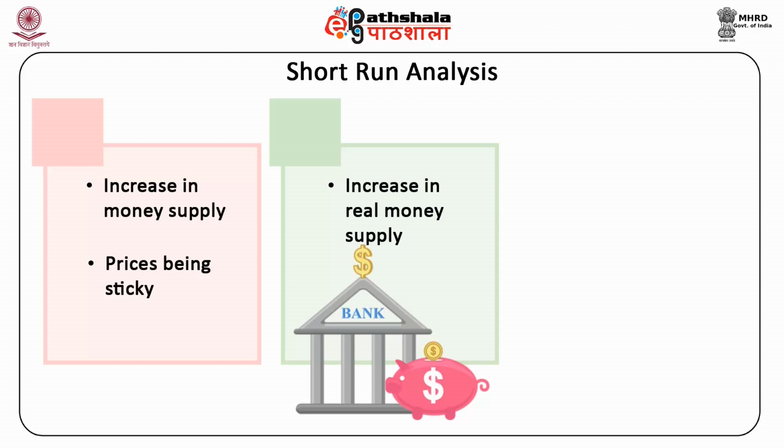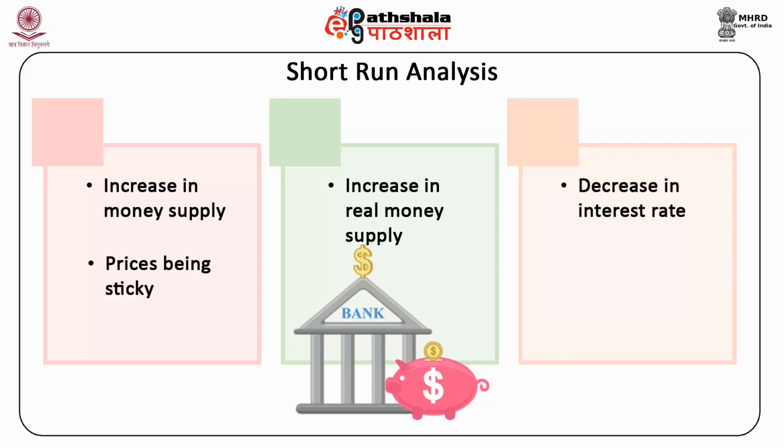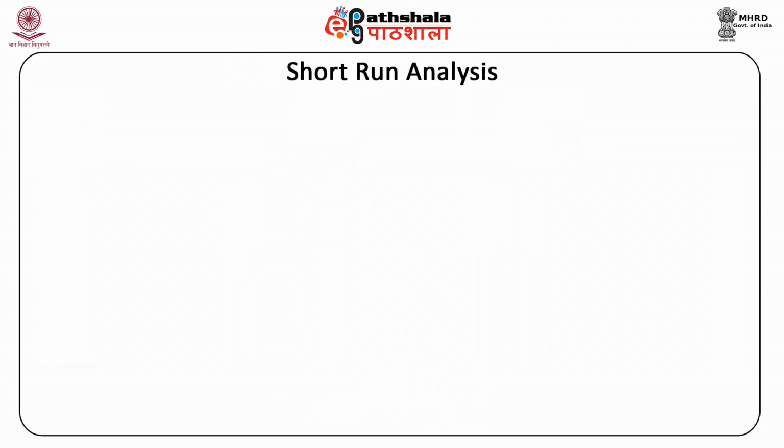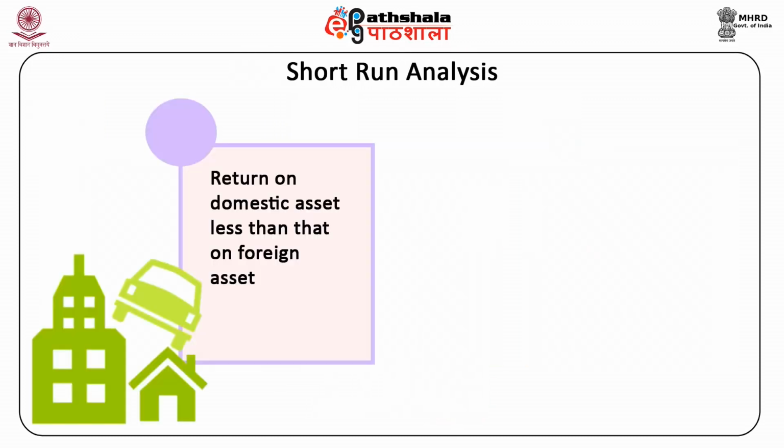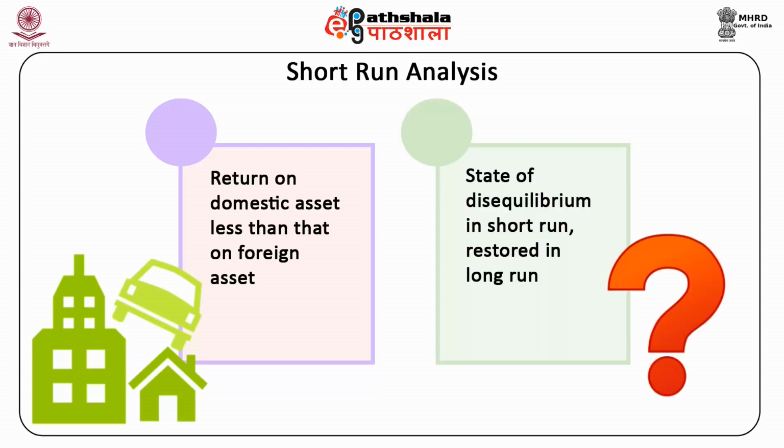This would cause a decrease in the rate of interest to restore the equilibrium in the money market in the short run, and as a result, the domestic rate of interest will fall below the world rate of interest. Consequently, the return on domestic assets will become less than that on foreign assets. In the market for assets, this will be a state of disequilibrium in the short run.